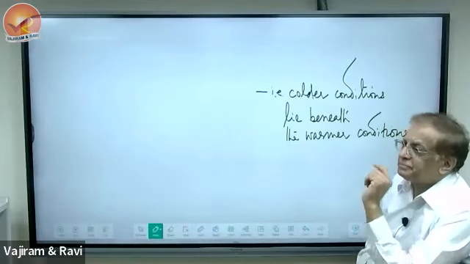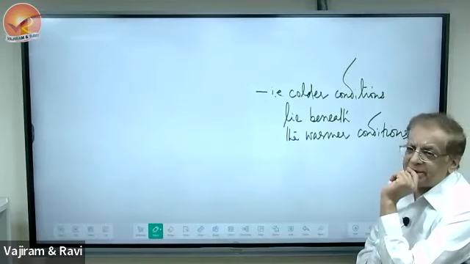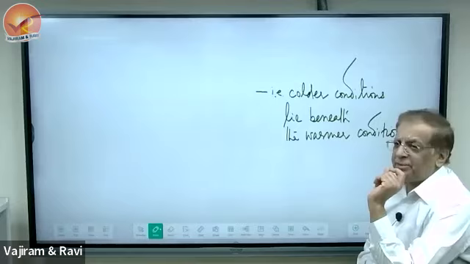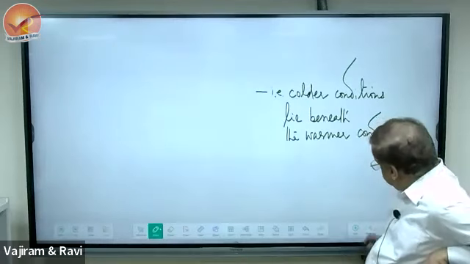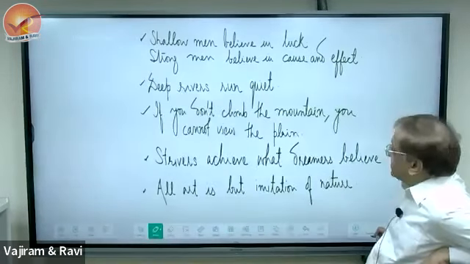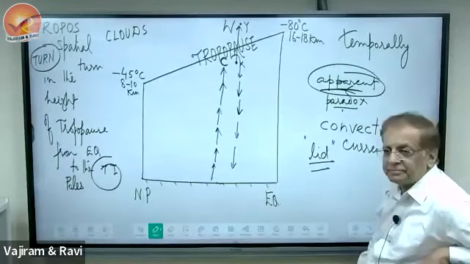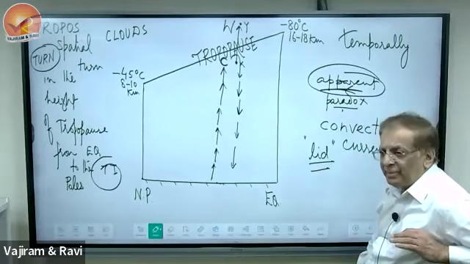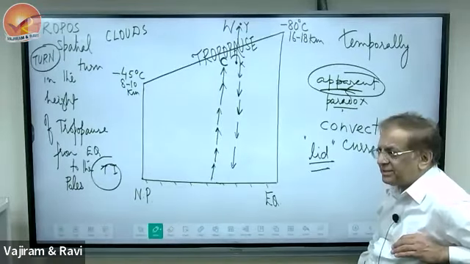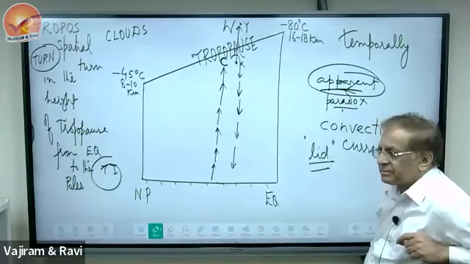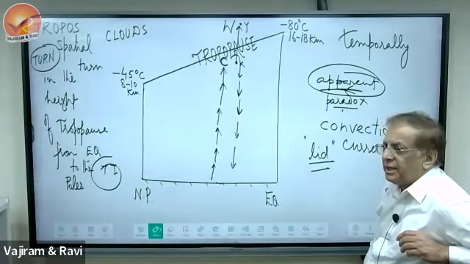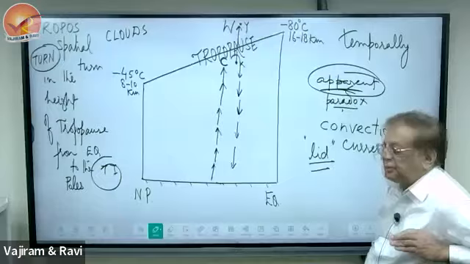Next point now. Please write, air gets warmed near the earth surface. Warm air rises and gets adiabatically cooled.